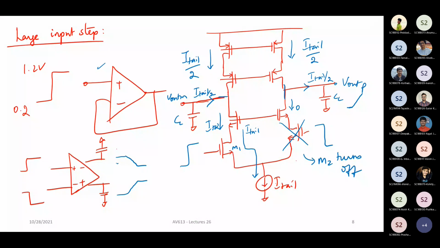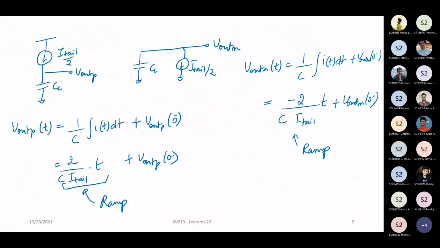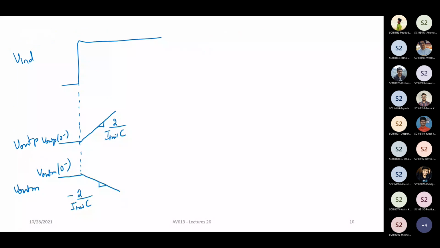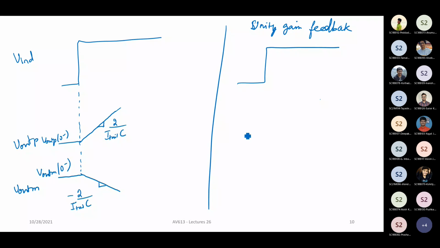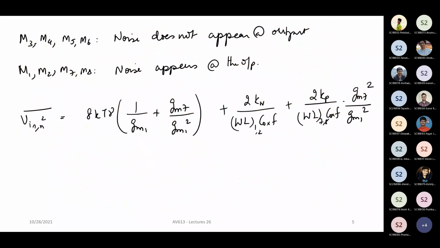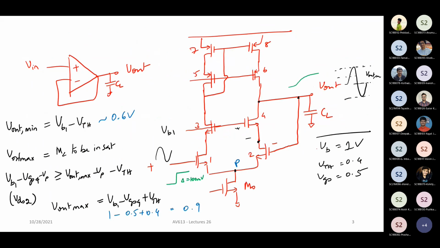But if you put things in feedback, let me take the case of unity gain feedback. Let's say you give a step. There is only one Vout in this case. It starts ramping up. Now let us look at this circuit.